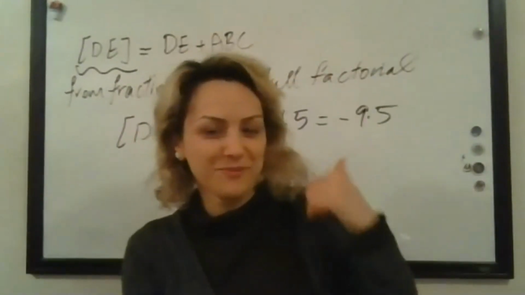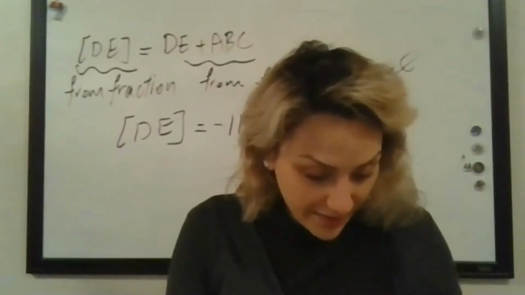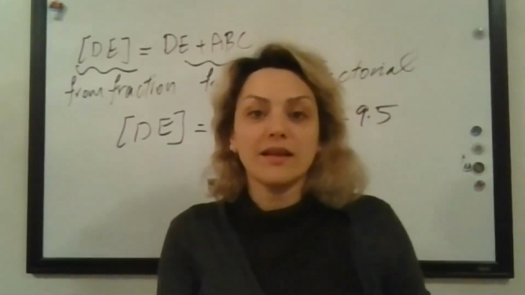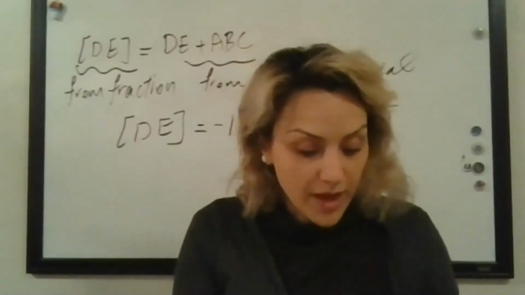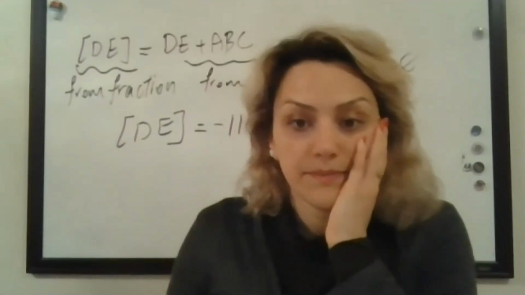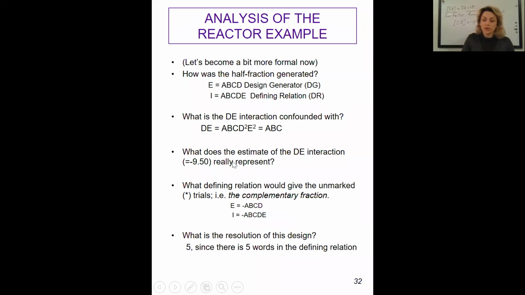Now, minus 9.5, go back to slide number 30 and read the value for DE. You can see that the effect for DE is minus 9.5. So if I go back to the question, what does the estimate of the DE interaction of minus 9.5 in the fraction really represent?